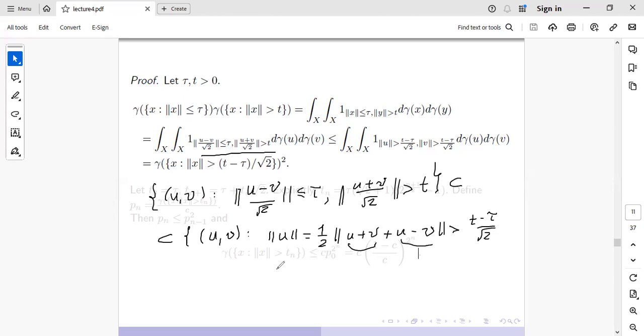And in the same way, the norm of v will also be bigger than t minus tau over root of 2.